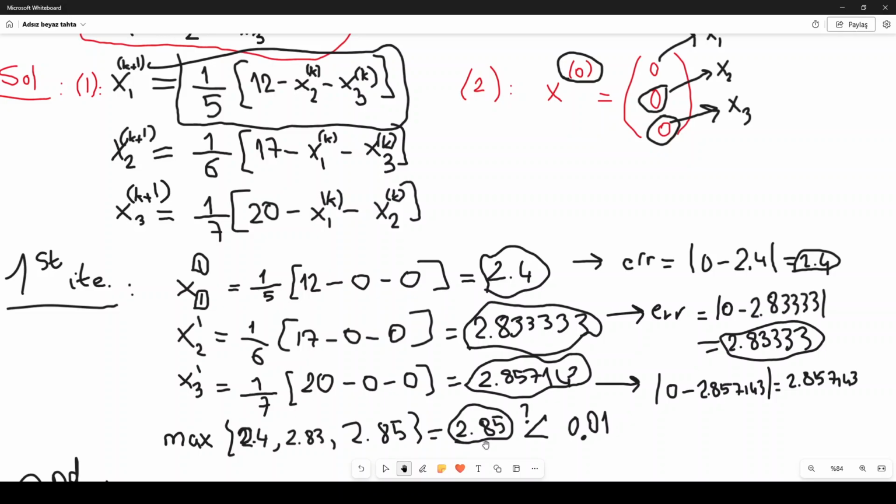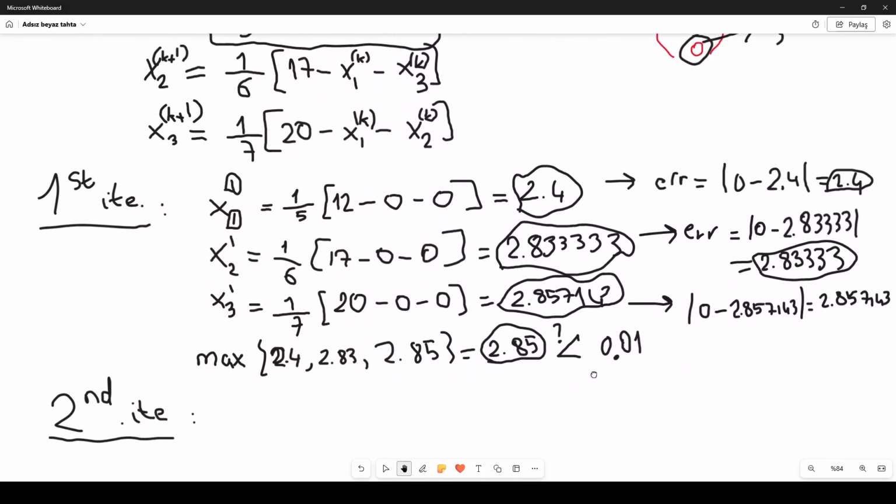So this is the maximum error for the unknown variables, and I see that it is not less than the error tolerance I pre-assumed. So what this means is I need to repeat this computational process because I have not satisfied the desired error tolerance yet.